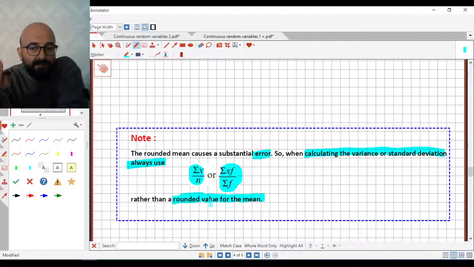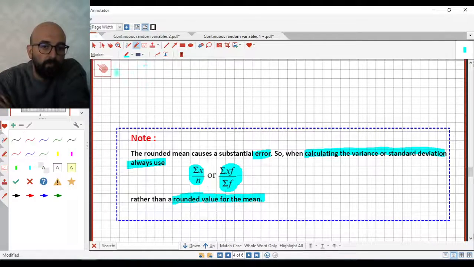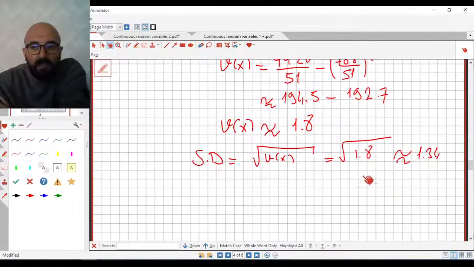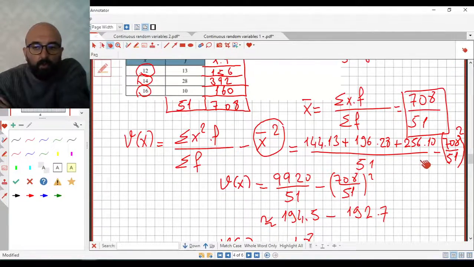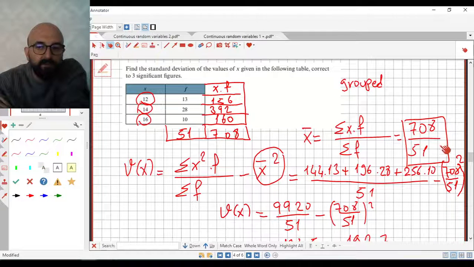So to compute the standard deviation, we shouldn't use a rounded value. Also, please remember that I didn't use a rounded value of the mean; I used the mean value exactly.